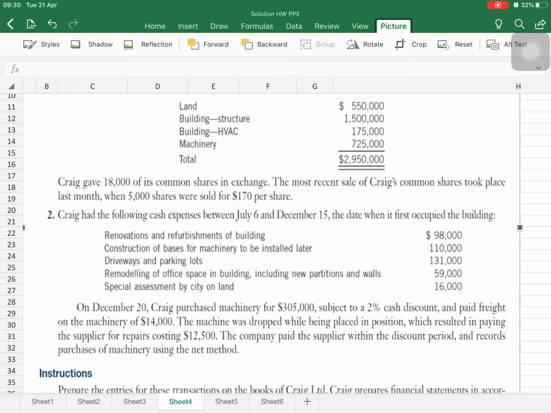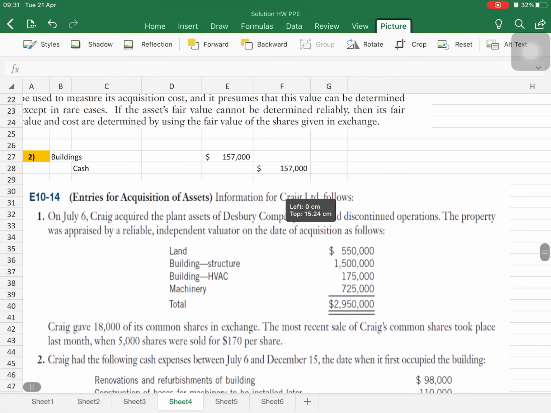And number 4, remodeling of office space in building, including new partition and walls, that's about building. So detail number 1 and detail number 4, we can combine them together. And the number 5, special assessment by city on land.